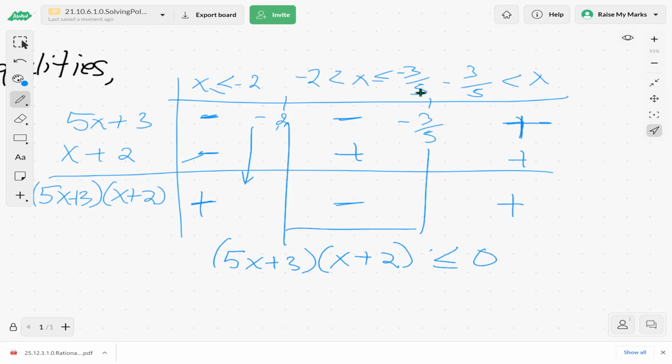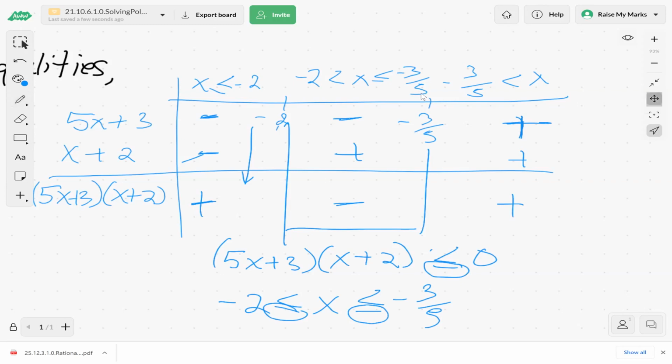It occurs when x is greater than or equal to negative 2 and less than or equal to negative 3 over 5. So we include the equalities because our original inequality includes the equality as well.